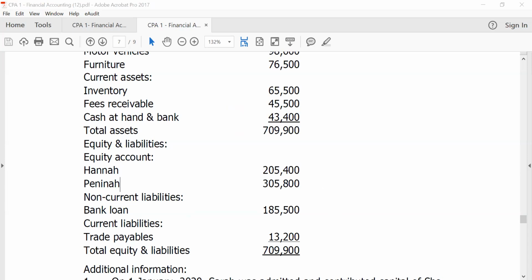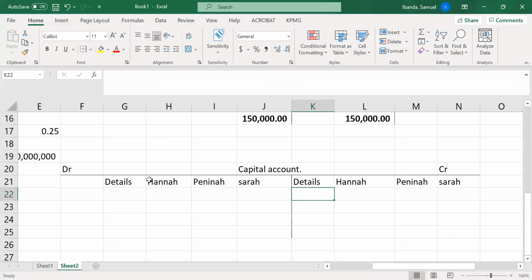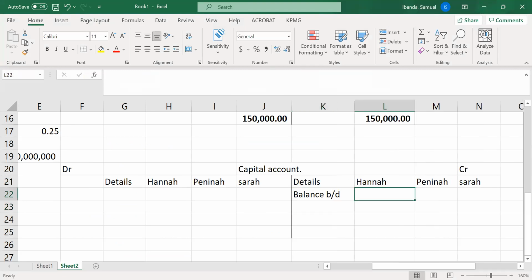When you come here, remember capital has a normal credit balance. So you're going to have your balance brought down on the credit side, and I'm going to put the respective amounts as they are.